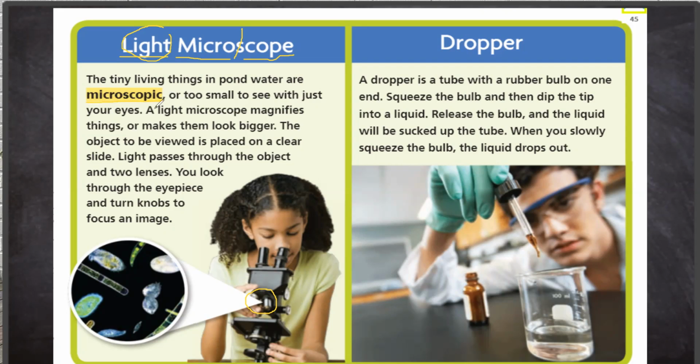A light microscope magnifies things or makes them look bigger. Excellent. The object to be viewed is placed on a clear slide. Light passes through the object and two lenses. You look through the eyepiece and turn knobs to focus on an image. Excellent. Good job.